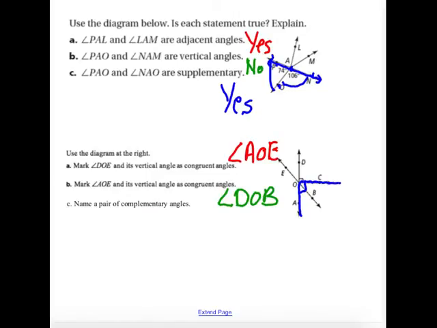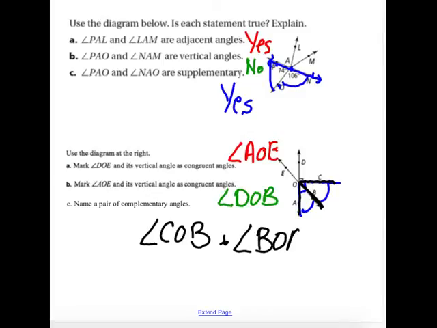It says name a pair of complementary angles. So I'm going to go with this angle and this angle. So this first one, angle COB, could also be angle BOC, and this one, BOA, could be AOB as well. So that is those angles.